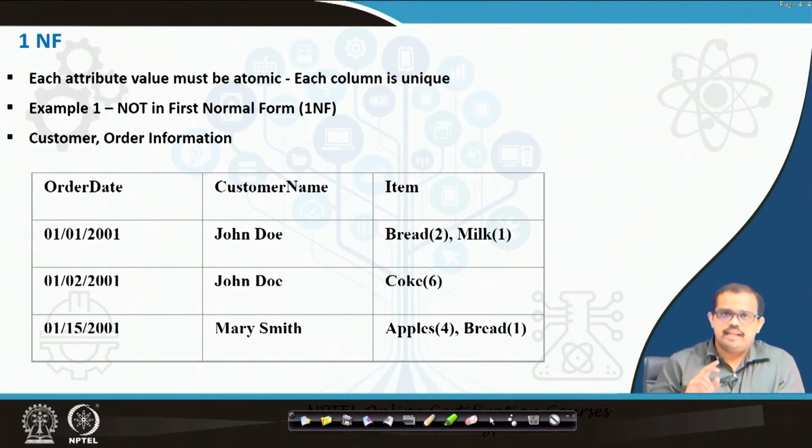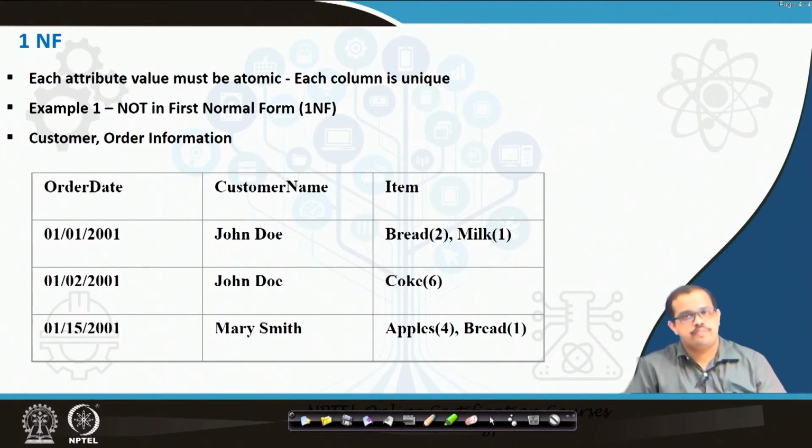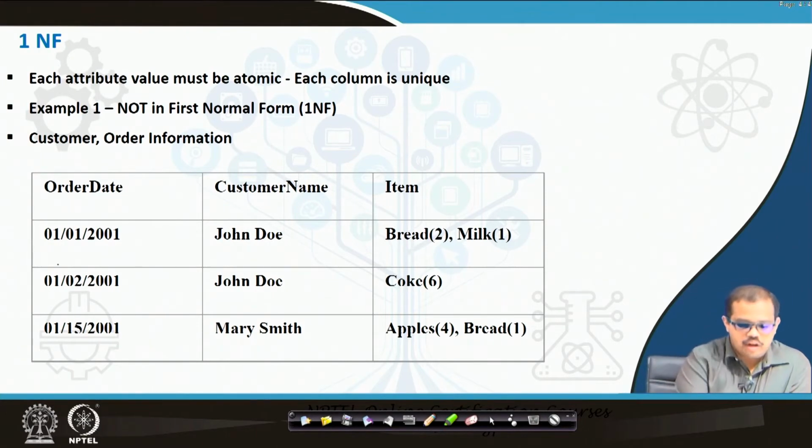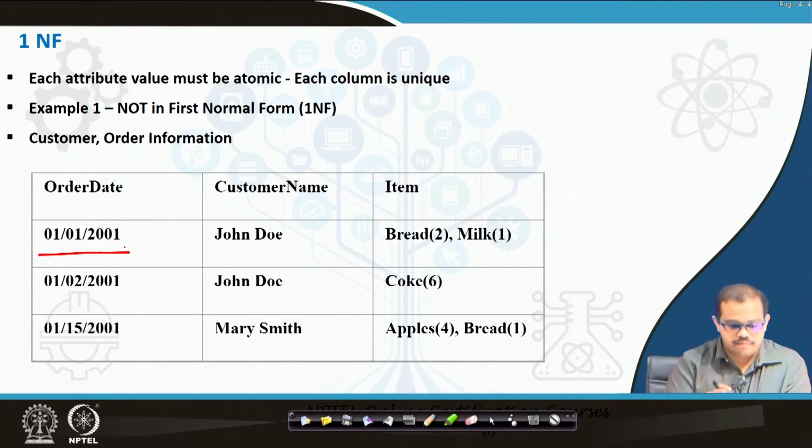Now, again let me take another example. Here you have a customer order information. When I am looking at a customer order information, there is an order date. Look at every detail very carefully. You have an order date, these are 3 different order dates, all 3 order dates are independent, they are not on the same day. So, you have a customer name.